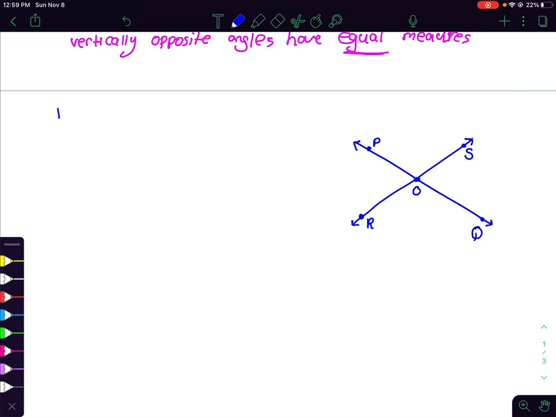We say, for example, POQ. That's the name of this line. Or we call ROS. Again, we use a protractor.